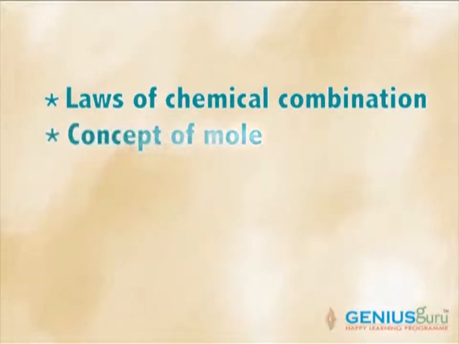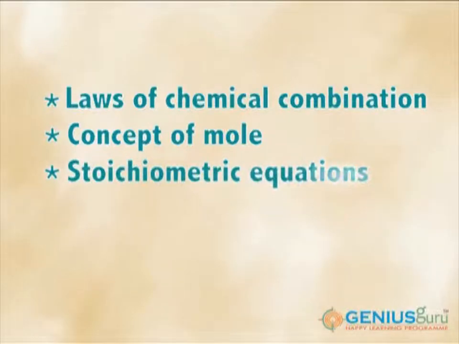Next, the concept of mole: how the reactants react with each other to obtain a desired amount of products will be explained based on the concept of mole. The third one is stoichiometric equations, which means the balancing of equations. How to balance a chemical equation will be known by using these stoichiometric equations.